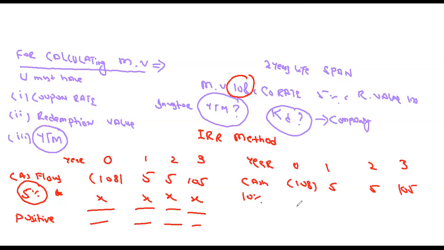What are the discount factors? You will see from the discount table, and the NPV will be negative. Now, what will be done?